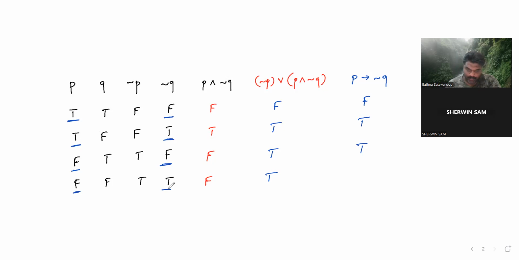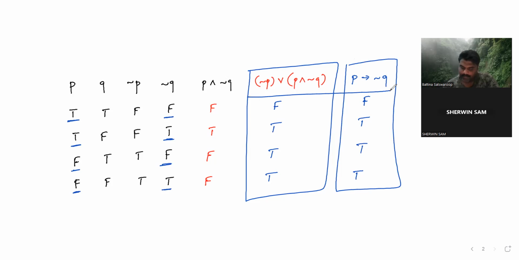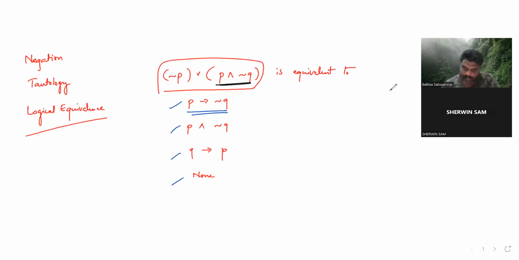False will imply truth. That is also true. So now if you observe, both the truth tables are the same, sir. So my answer will be option number 1.